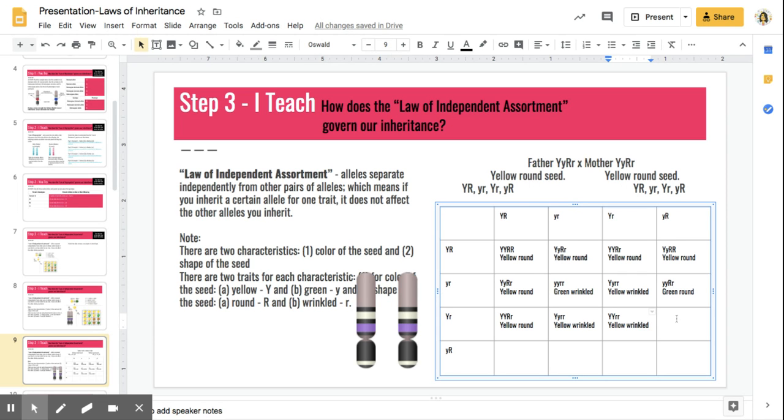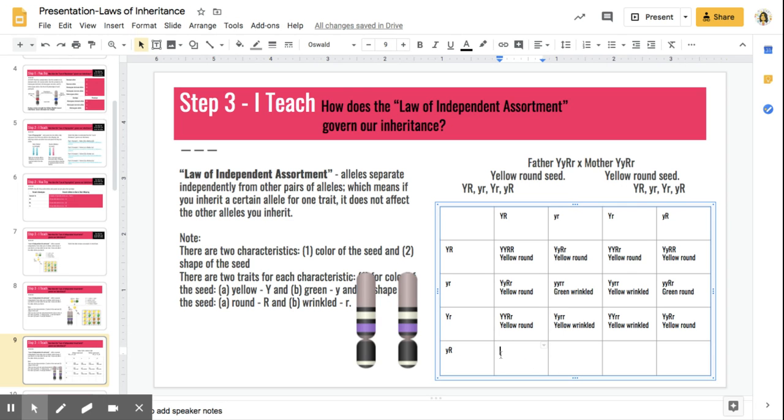And then we have recessive, dominant, heterozygous for color, and then dominant, recessive, also heterozygous. So remember, even if the recessive for color comes in first and the dominant comes in second, we still wrote it this way. So it's yellow, round, right?